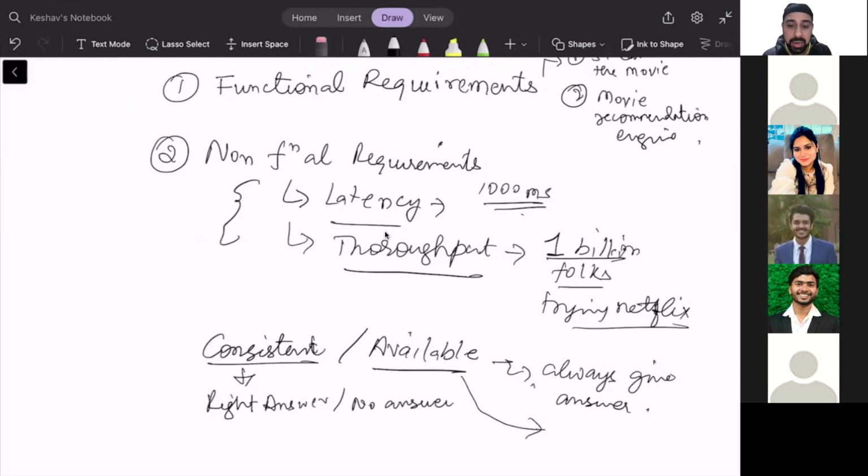Let's say a title is released on Netflix and it's available in the US, and after 2 minutes it becomes available in India. That's completely fine. But if Netflix is not working and there is no answer, that would be a bad user experience. So in the case of Netflix, it will always be availability taking precedence over consistency.